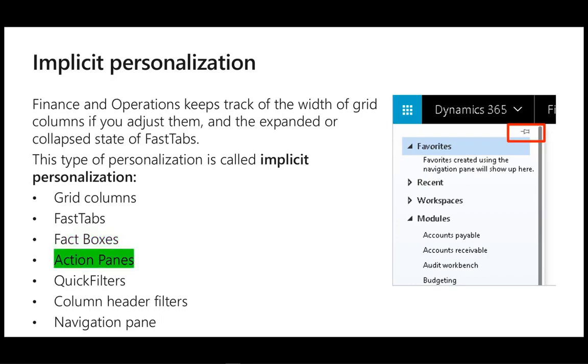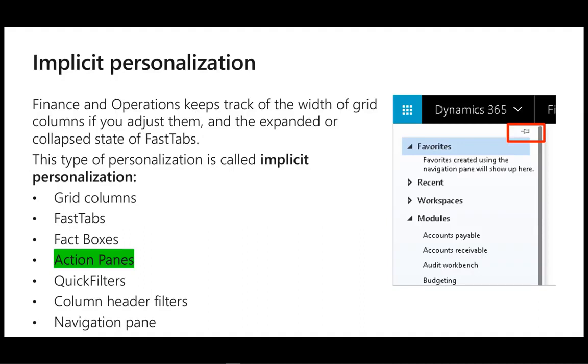Action panes. An action pane appears near the top of most pages. The action pane contains buttons for many of the actions that we can perform on the current page. These buttons are often organized on tabs. We can pin open the entire action pane, or we can have it collapsed by default.